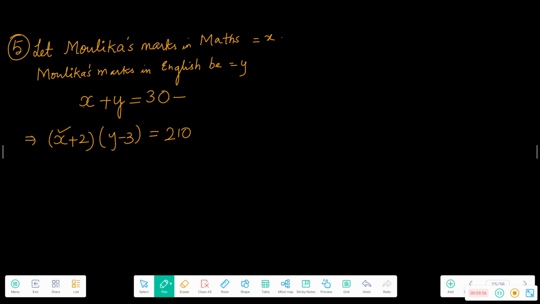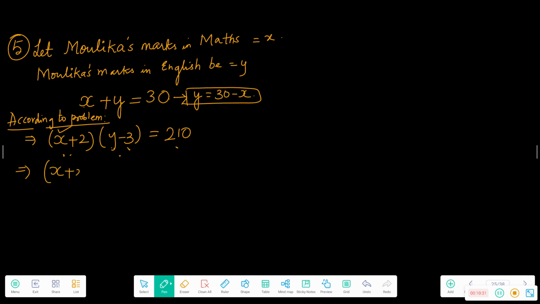From x plus y equals 30, I can get the value of y as 30 minus x. So in place of y I'll substitute 30 minus x. According to the problem, if you increase the marks by 2 in mathematics and decrease the marks by 3 in English and find their product, you get 210.